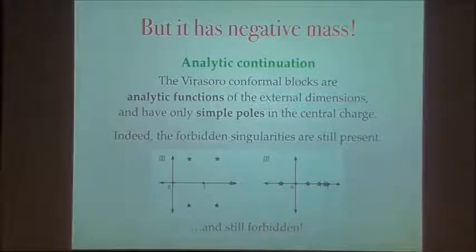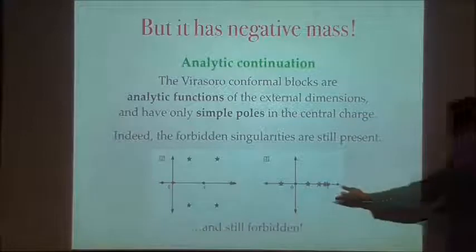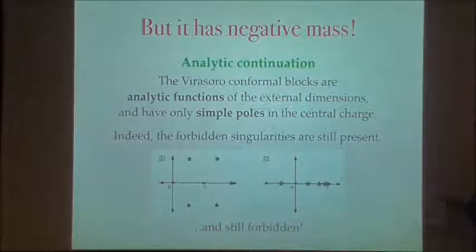For example, the forbidden singularities are definitely still there when you take the heavy h from a large positive number to a large negative number. They're just placed in different locations on the complex plane. The right-hand side is the position of the forbidden singularities in the unitary case, and here is the position of the forbidden singularity in the degenerate case.